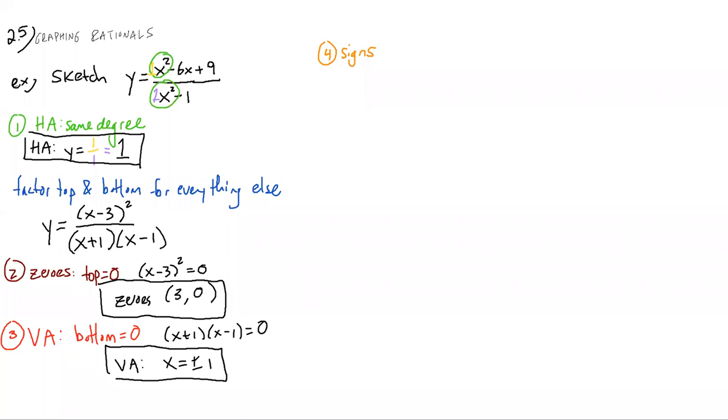If you recall, I need the list of all the zeros from the top and the bottom. So this whole list of the 3 and the plus or minus 1. All of those are places where the sign could potentially change. So I'll list all of them in increasing order, -1, 1, and 3, and then set up a table.